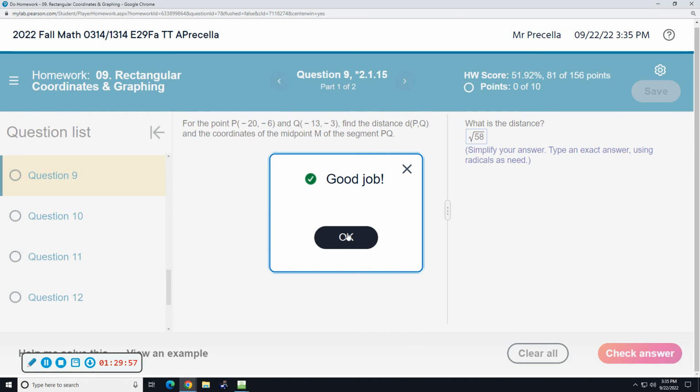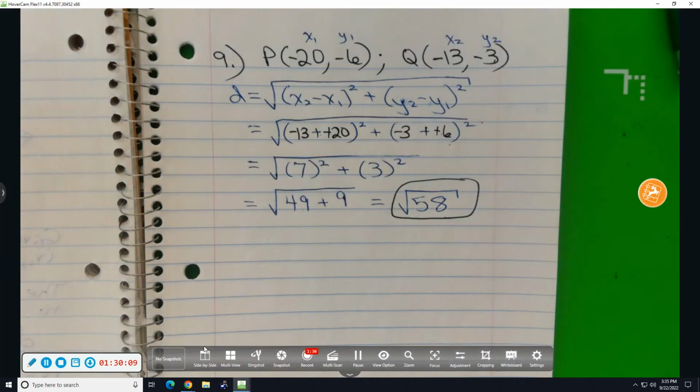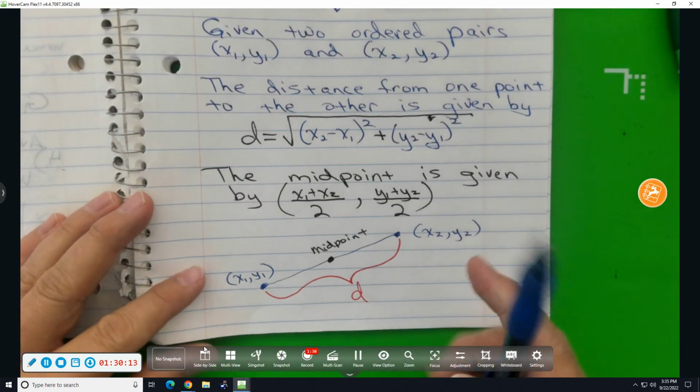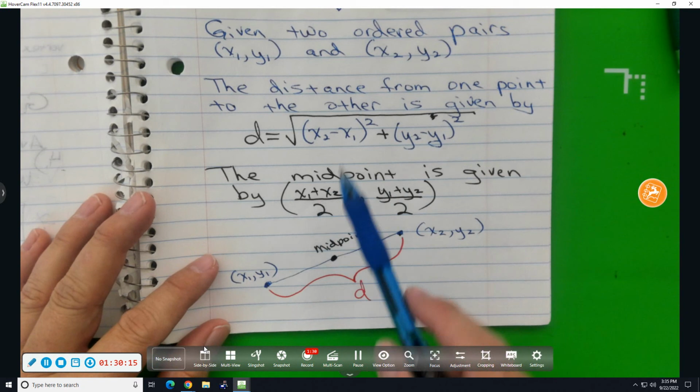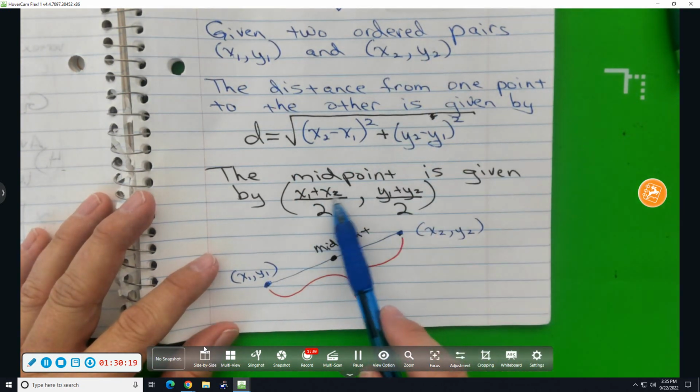Now the midpoint formula. They want us to find the midpoint. We average the x coordinates. We average the y coordinates. Remember I said that the midpoint is given by averaging the x coordinates and averaging the y coordinates. That's what we're doing here.